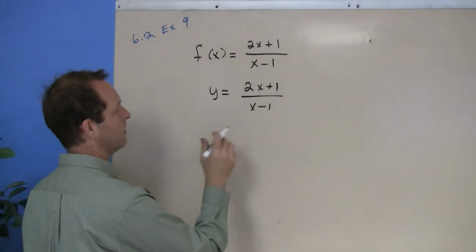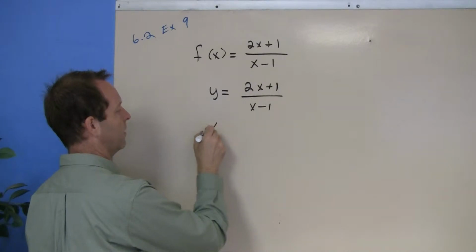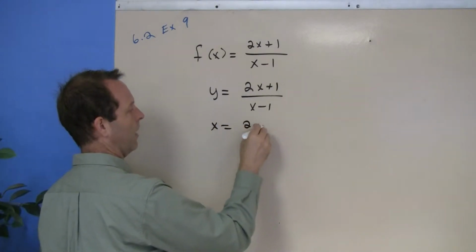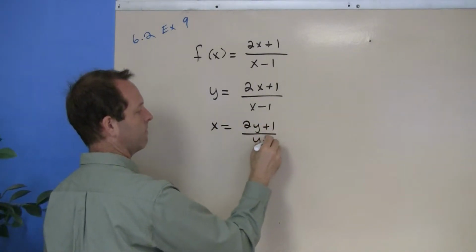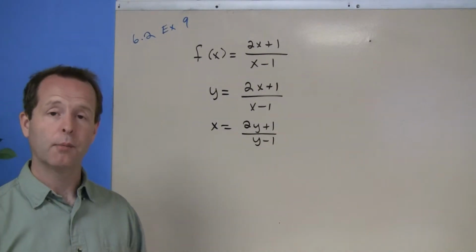Switch the variables out with each other. x equals (2y plus 1) over (y minus 1). And now I'm going to solve for y.